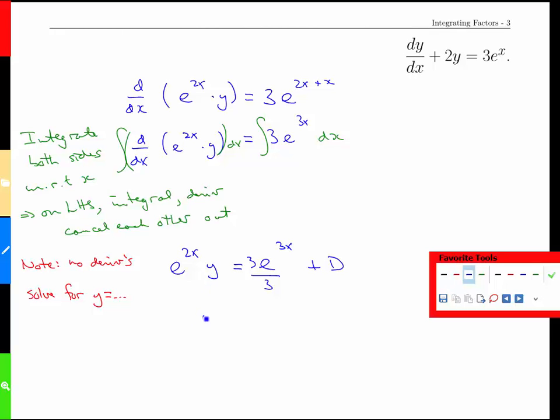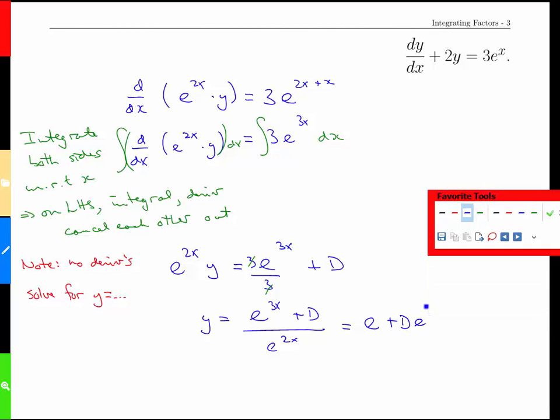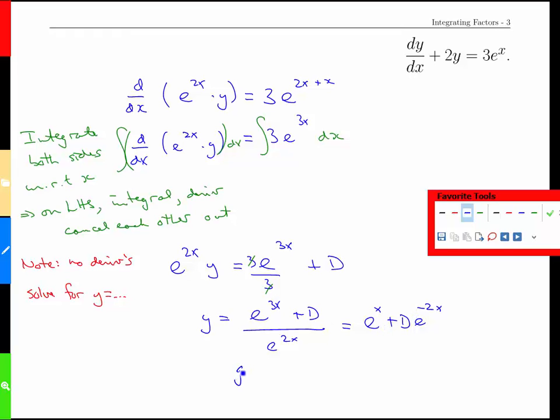And once we do that here, we're going to have y equals, bring the e over, these 3's first cancel. We're going to have e to the 3x plus d all over e to the 2x, and that cancels out to an e to the x, and we would usually write this as e to the negative 2x. So y equals e to the x plus d times e to the negative 2x. And that would be our general solution.